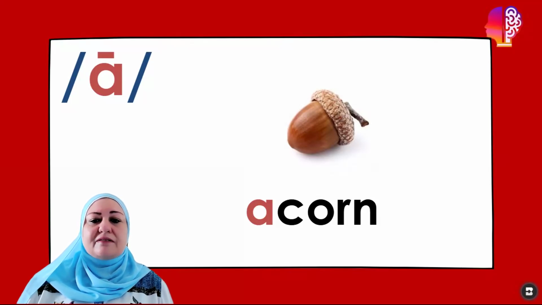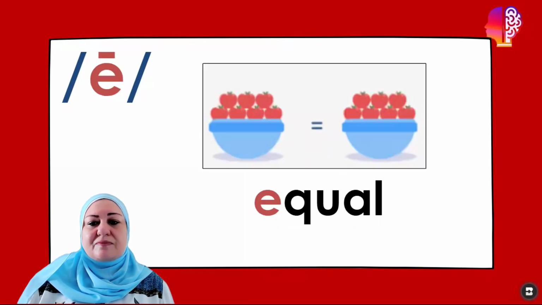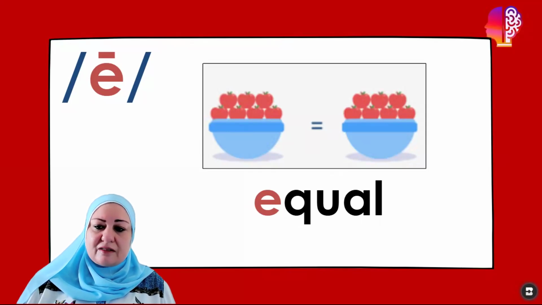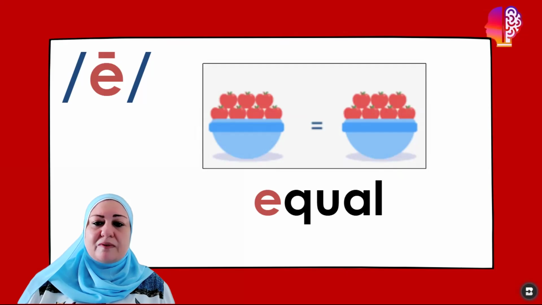So the long A sound sounds like the name of the letter. Okay, the next one is the long E vowel sound, as in the word equal. You hear that in the beginning of the word equal. As you see in the picture there, two equal bowls of apples, equal.